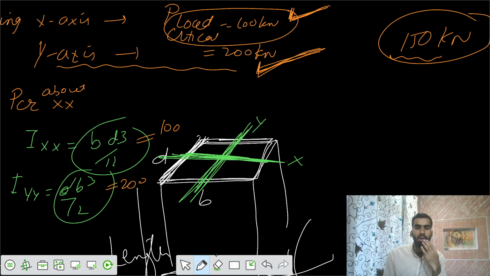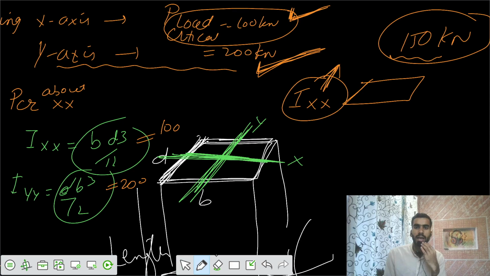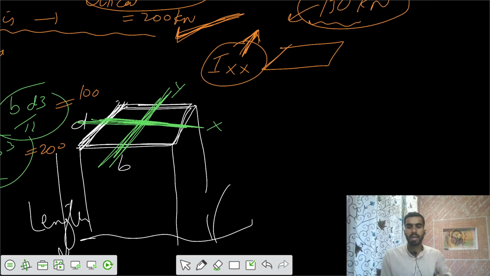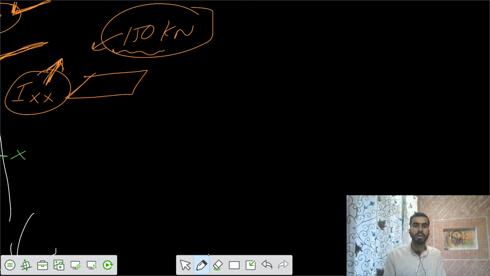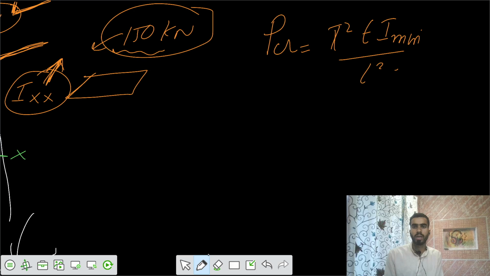So if you want to design a section of that column, you worry about that Ixx. You change this Ixx such that your load can be safely borne. So your critical load is a function of I minimum: pi square E I minimum by L effective square.